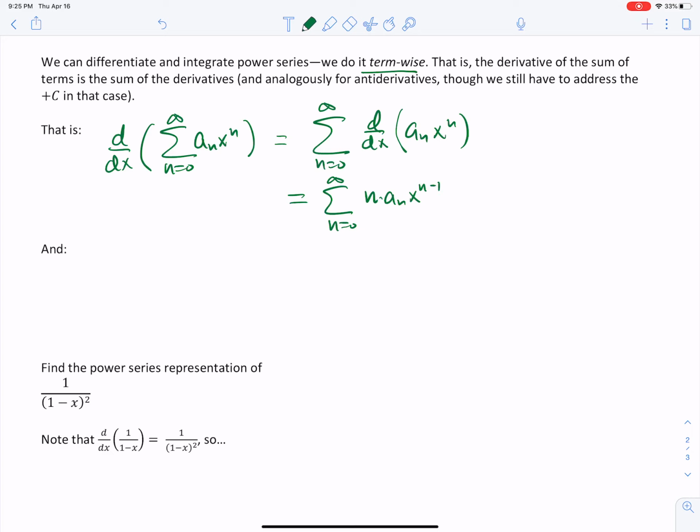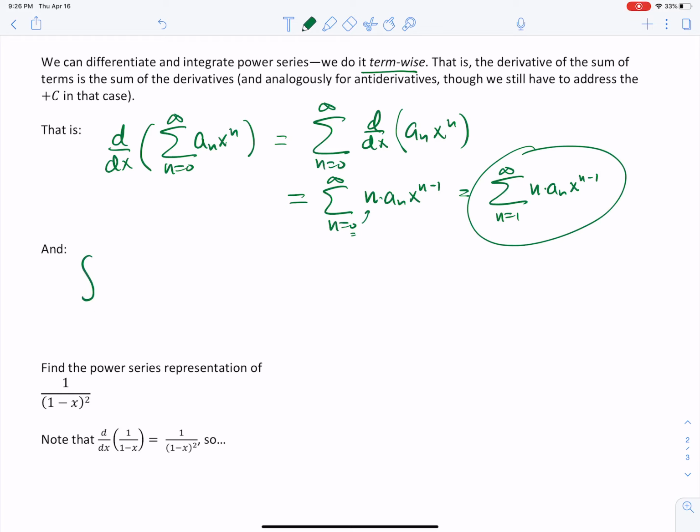Now, notice that when n is equal to 0, I get 0 for my first term, and so sometimes you'll see this written as summation n equals 1 to infinity n times a sub n x to the n minus 1. So this is the general formula for the power series representation of a derivative of a generic power series.